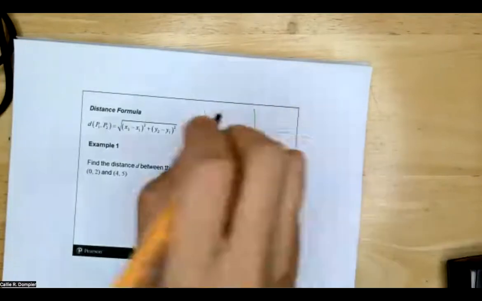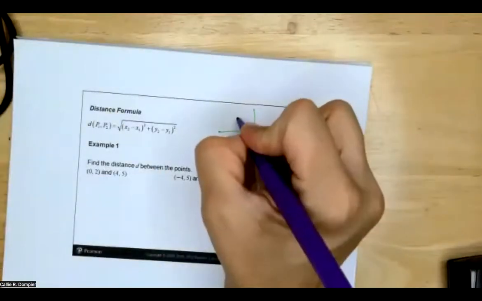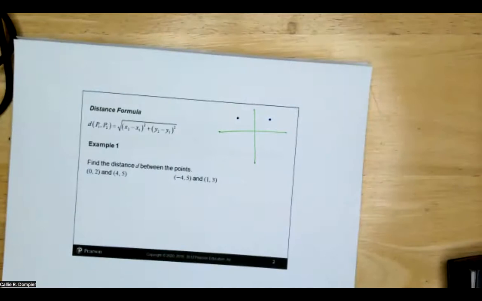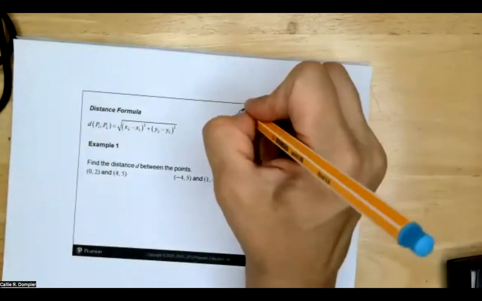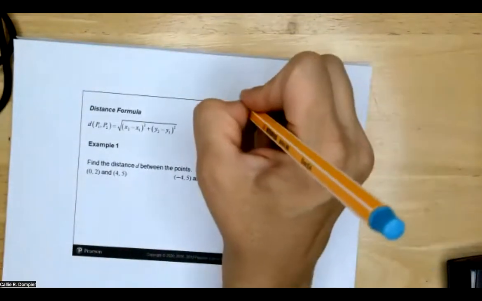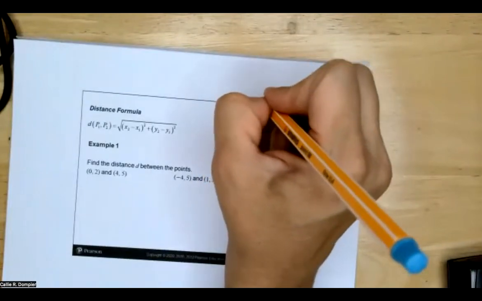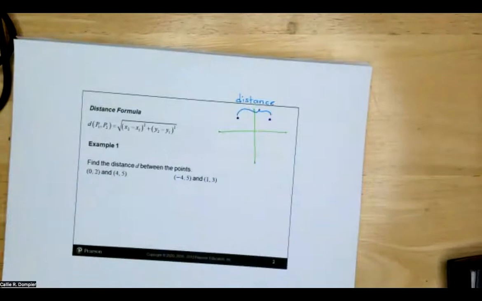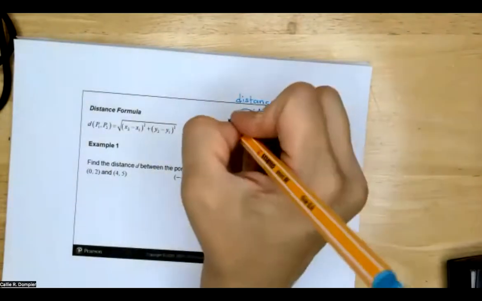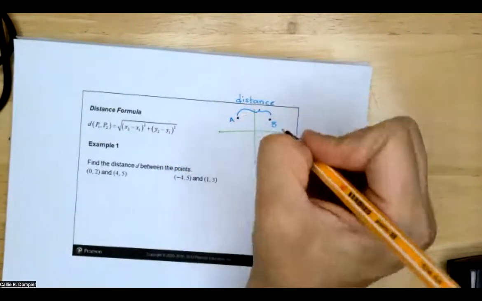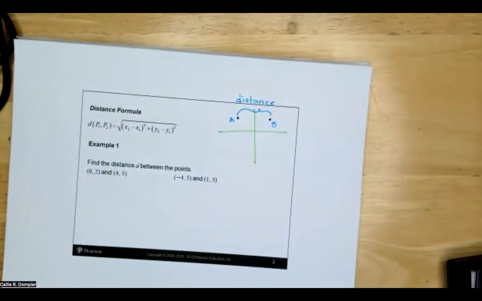We're just talking about two different points and the distance between them, right? I want to count the distance between point A and point B, for example, okay?